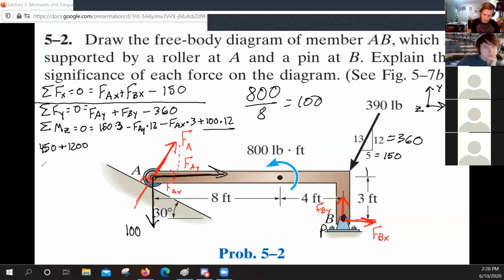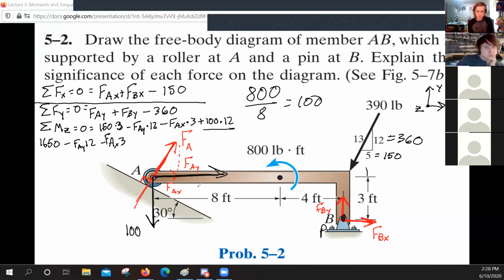So we can turn that into 1650, and then minus this stuff up here. I'm just going to rewrite it because I am running out of space. Minus FAy times 12 minus FAx times 3.